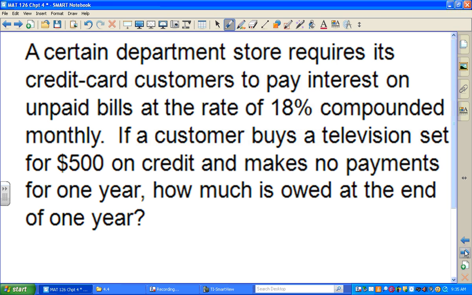If a customer buys a television set for $500 on credit and makes no payments for 1 year, how much is owed at the end of 1 year? So pick up your pencil, give this one a go, I'll walk around, see what you come up with. Once you identify everything, it's easy to punch down the calculator. Give it a shot.